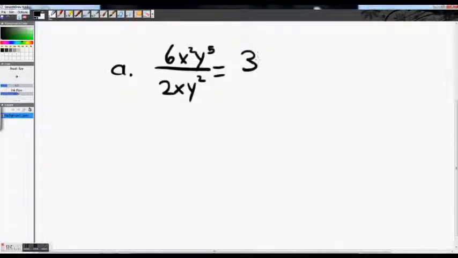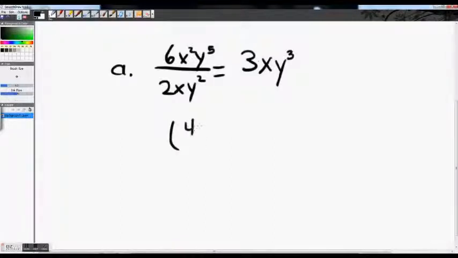I'm going to divide like terms. Remember that if we're dividing two exponents, we subtract the exponent in the denominator from the exponent in the numerator. So what we have is then 3x y cubed. That's our answer.